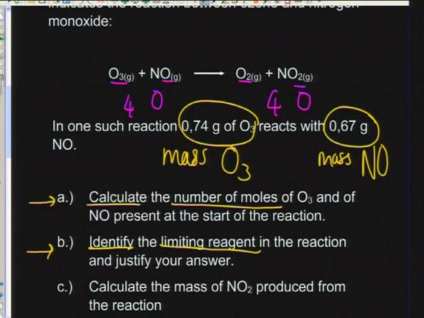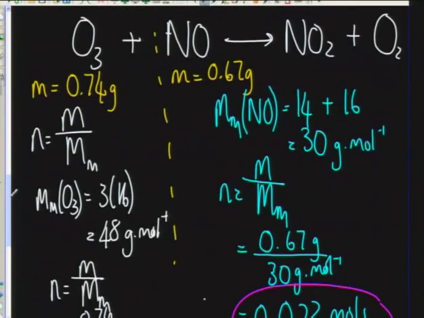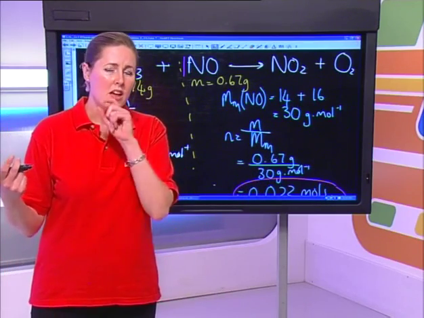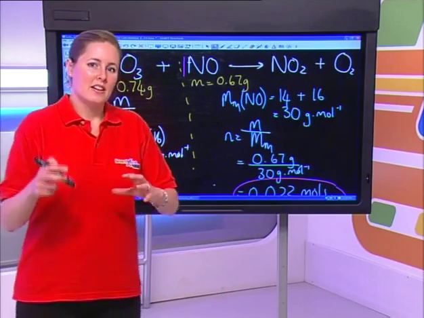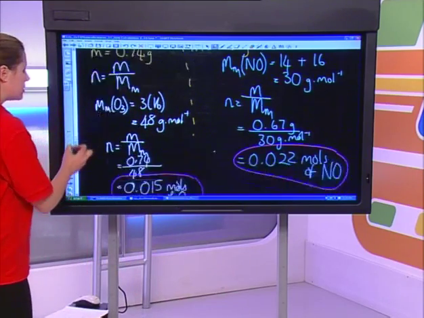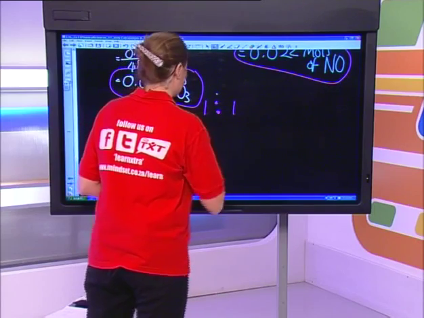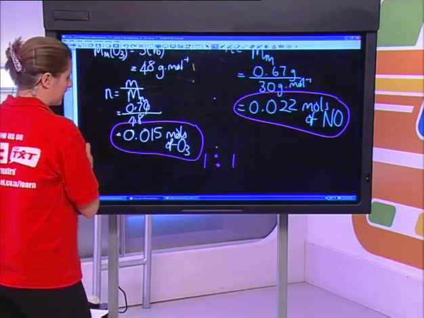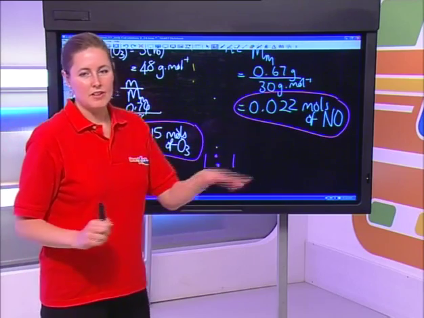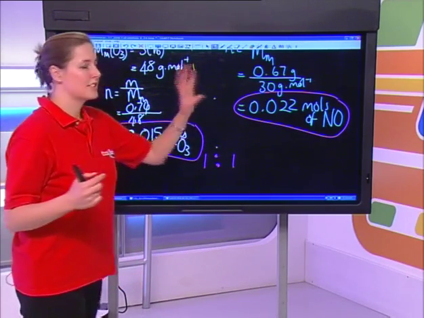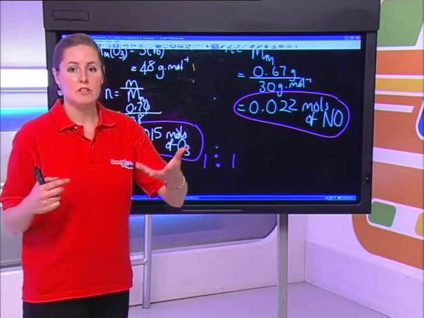That's a very helpful thing to notice. So actually what we've got is a 1:1 ratio. It's balanced, and that was the ratio between the two. That means these two are in a 1:1 ratio. So which one will run out first? Particularly if you've got lots of numbers as decimals, which are sometimes harder to read, take one substance and divide it into the other and see what you get.